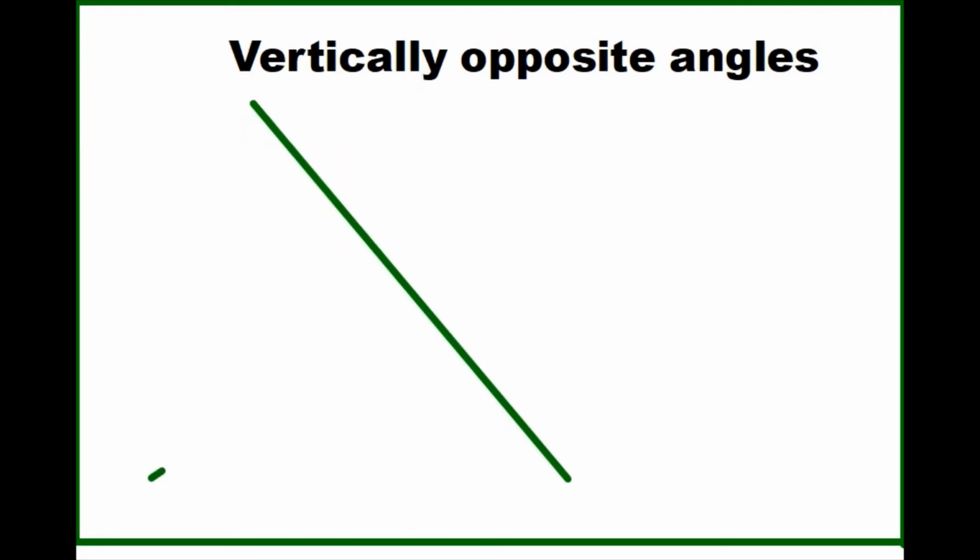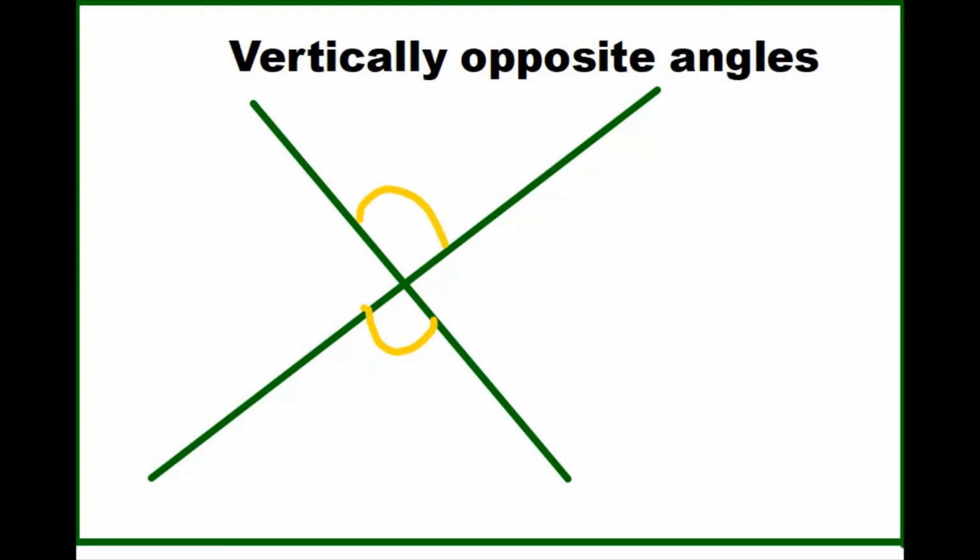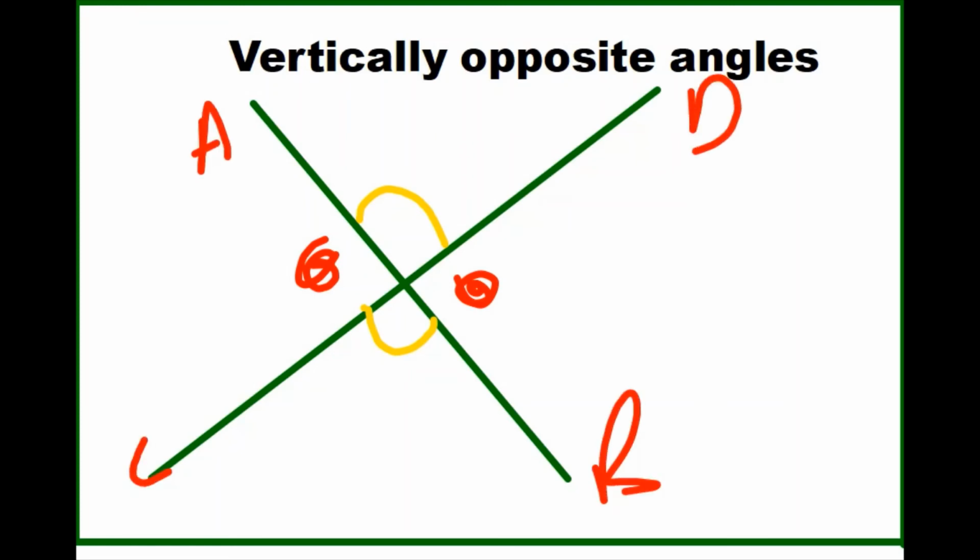Whenever there are two lines that cross each other like this, or that meet at a certain point, this angle here is always equal to that angle there, and this angle here is always equal to that angle there, as long as these straight lines AB and CD cross at a certain point.